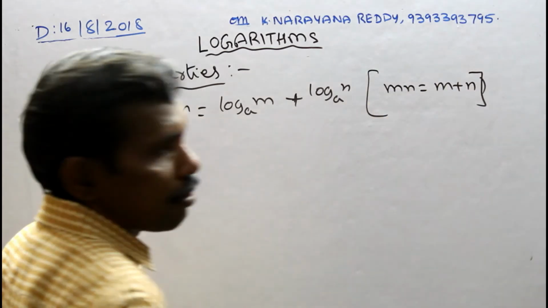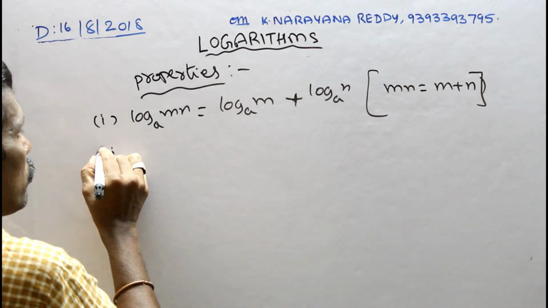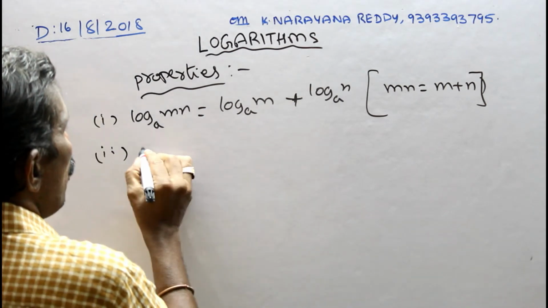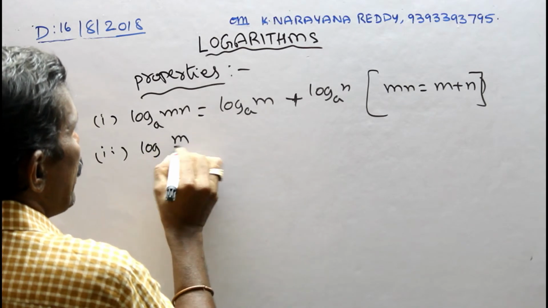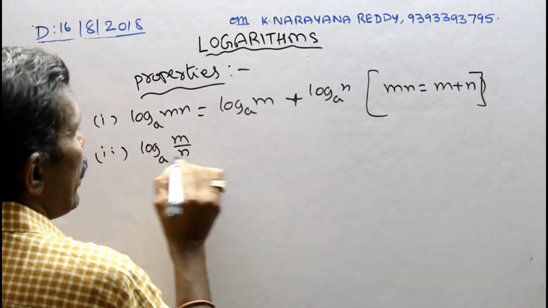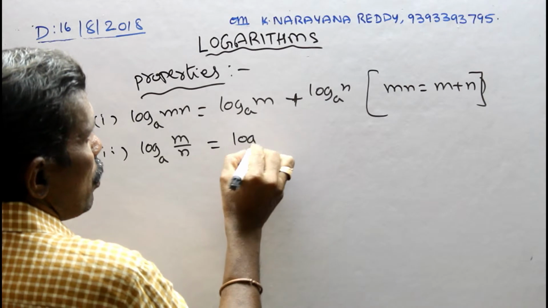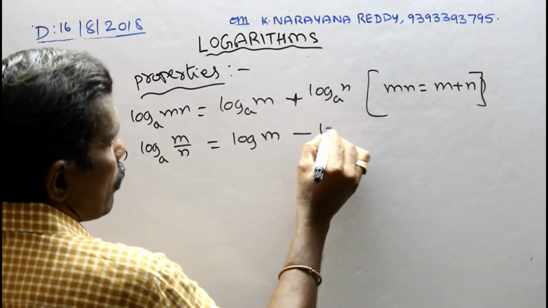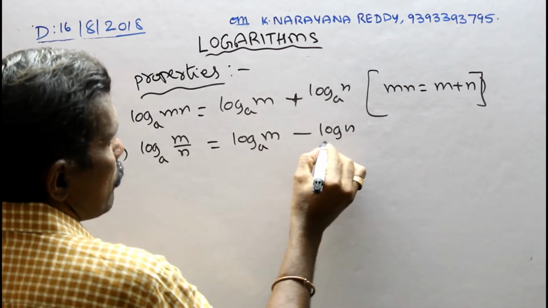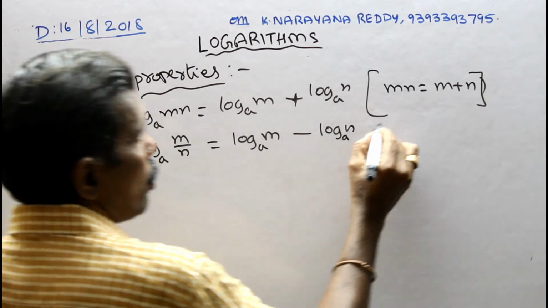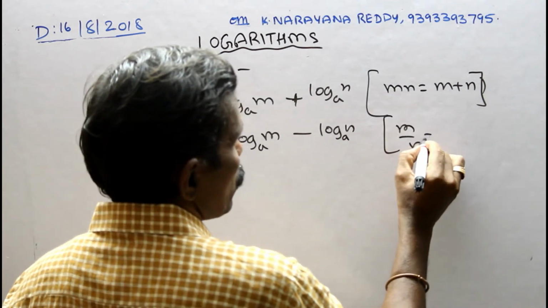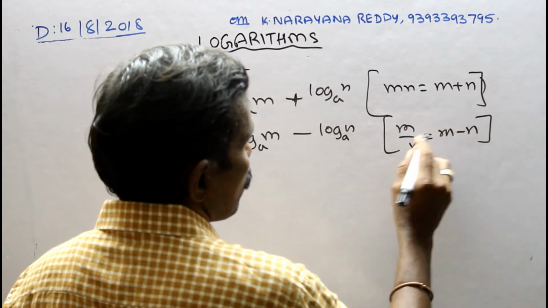That's all. Okay. Number 2, log of m by n to the base a equals log m minus log n to the base a. So m by n becomes m minus n.